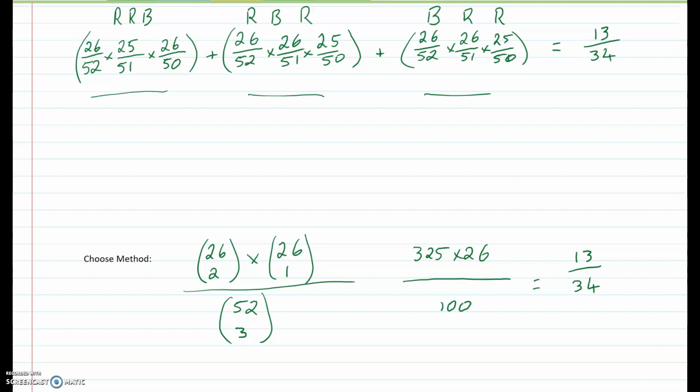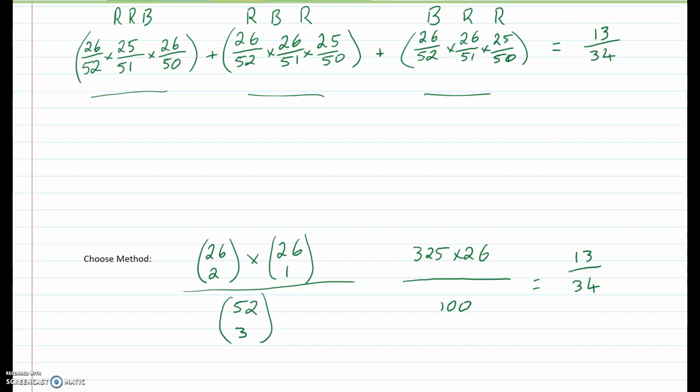Now you'll notice that those 2 examples are to do with choosing cards from a deck of cards, and that is where the choose method really comes into its own. The other example that I gave you, question 10 for homework tonight on page 85, that's another one that can be done using the choose method. So those are 3 questions that would be really good for you to go now, having seen this, practice.